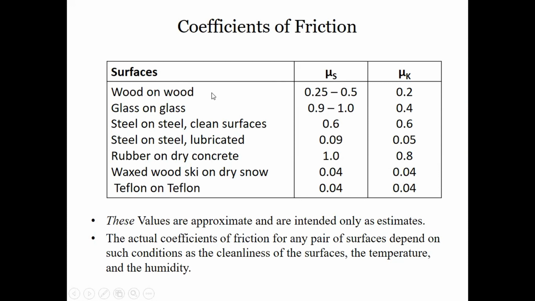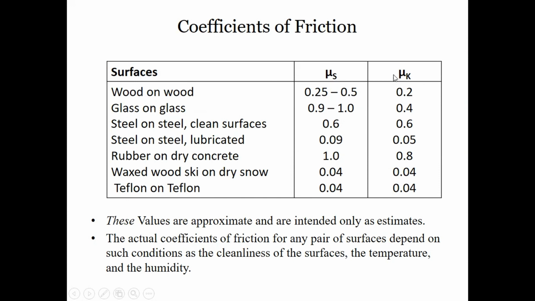So different surfaces show different static friction coefficients, and you can see here wood on wood. If two objects' surfaces try to move on each other, then the coefficient can vary from 0.25 to 0.5.